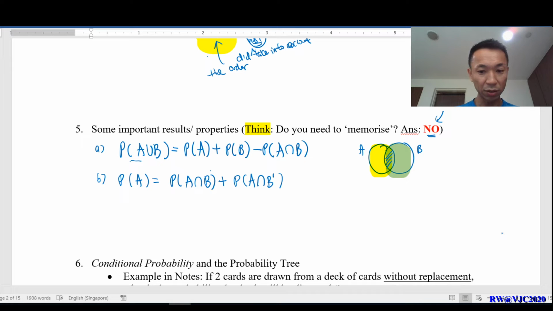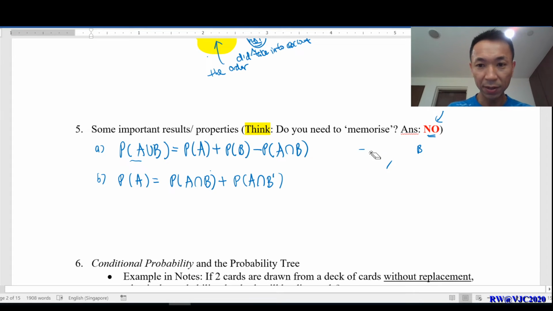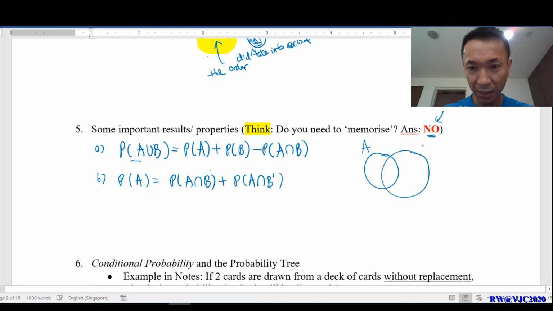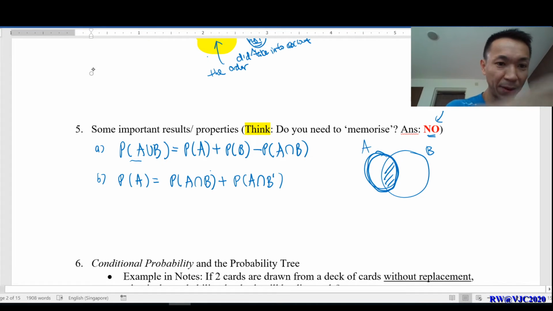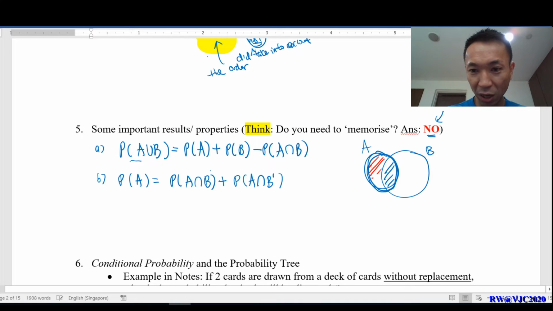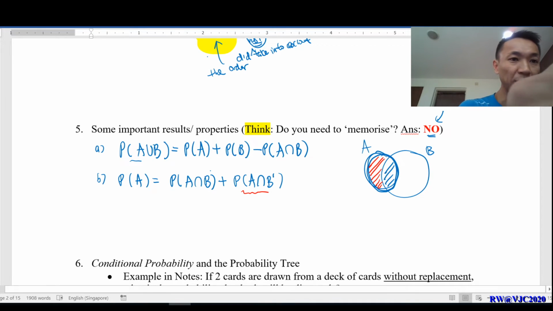Let me just draw it again. What if you have A and you have B? Probability A, which is everything inside here, is probability A intersect B plus probability A intersect B complement. The red one is A intersect B complement. Of course. Yes?